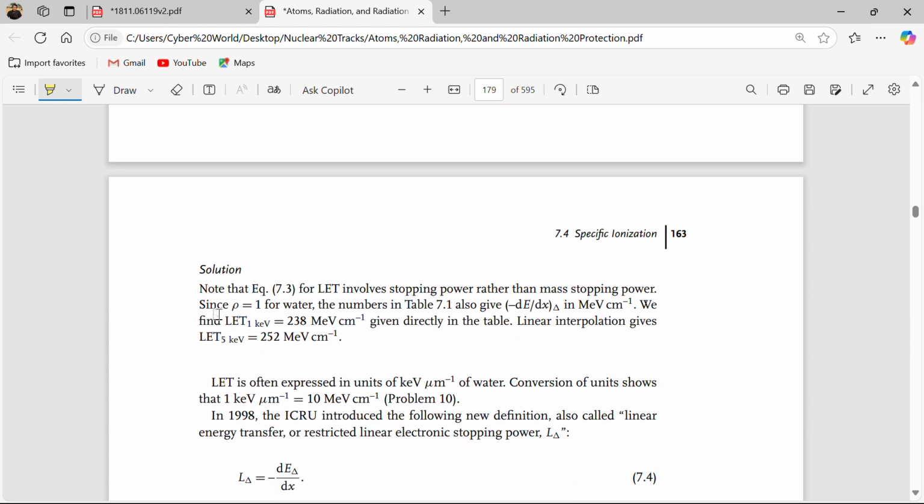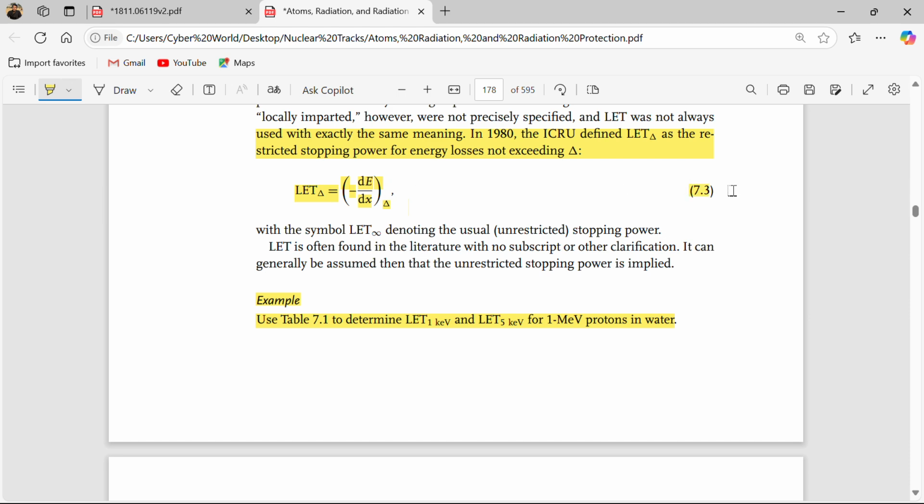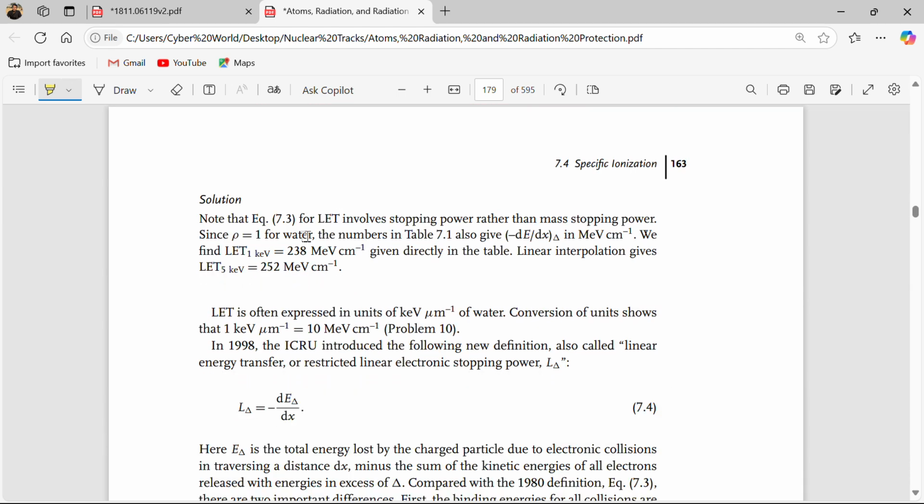How can we solve it? Note that equation 7.3, which I mentioned, for LET involves stopping power rather than mass stopping power. For water, you know that the density is 1, and the numerical number in table 7.1 gives the LET formula in mega electron volts per centimeter.